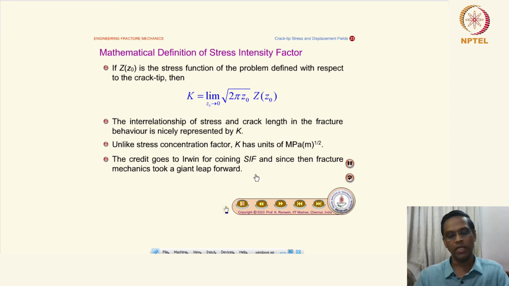This is a very important point, because even though the energy release rate gave quite a bit of confidence in dealing with this subject, only after defining the stress intensity factor were people able to quantify the near stress field solutions. One can obtain the near stress field solution by looking into the stress intensity factor. That is the idea.